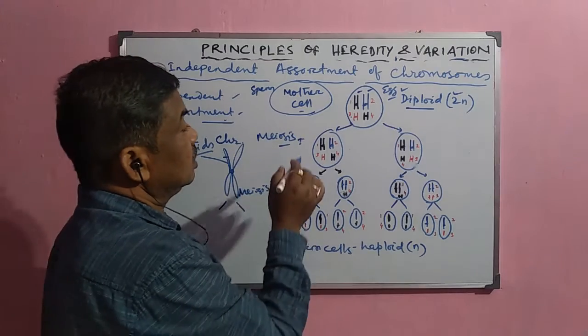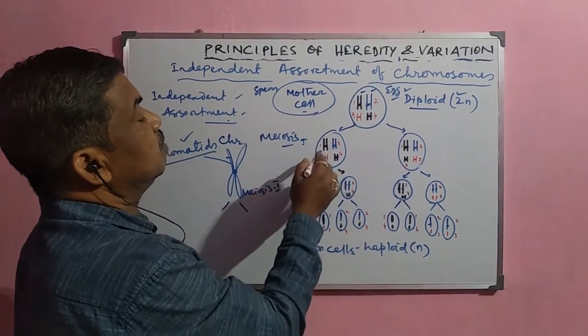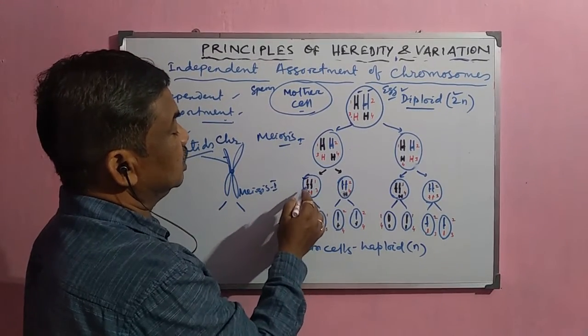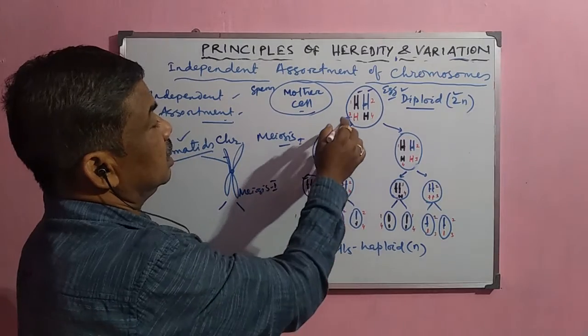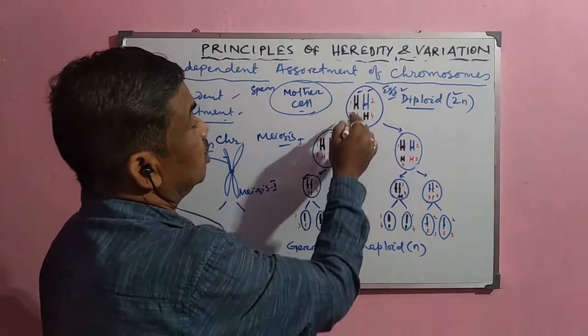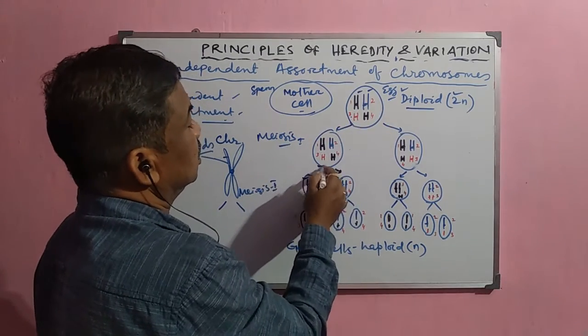So during this pairing and the separation, what happens? They split from one another, and look at how they split. They are normally present as 1, 2, 3, 4, but 1 with 3 and 2 with 4 come here.